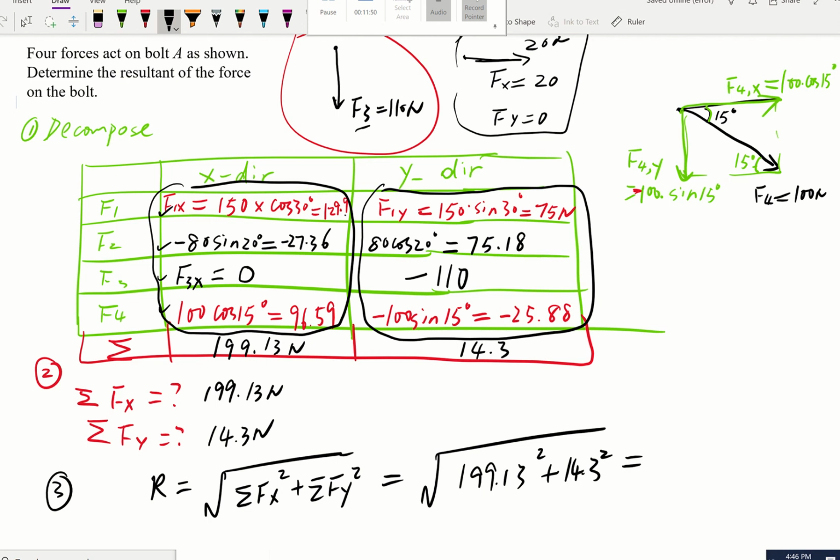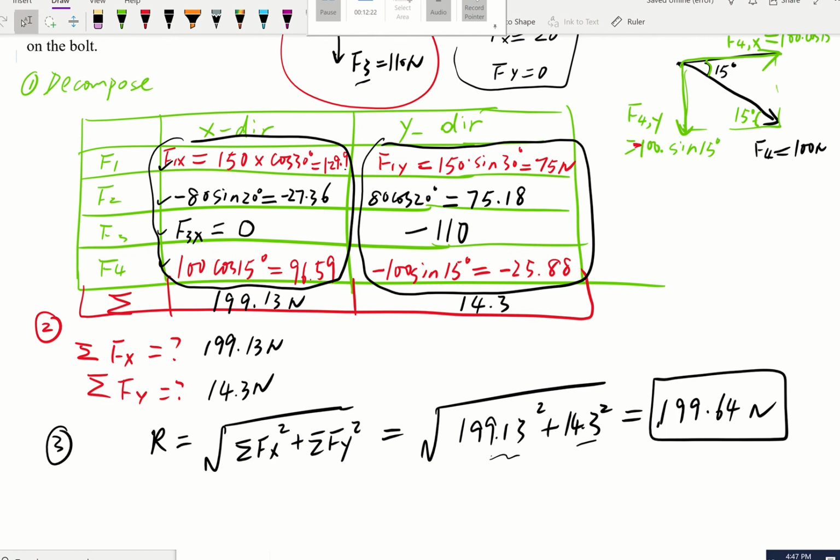Add them together. So let's put it in the calculator. We have that plus 199.13 squared, and then take a square root of that. We have the answer as 199.64. This number makes sense, right? Because this one is dominant compared to 14.3. And so that's going to be the magnitude of this resultant force.